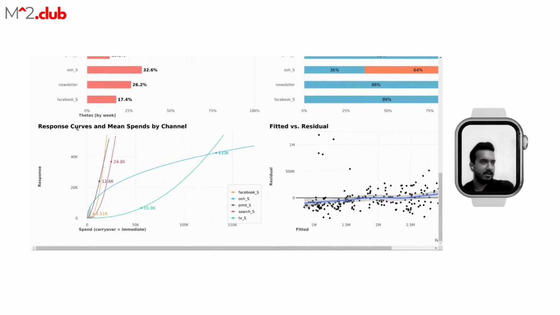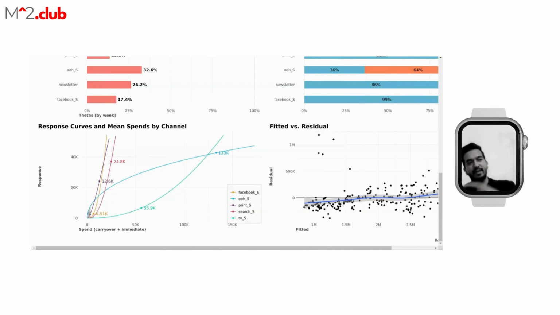And the last one is the response curve. And this is the result from the Hill function you would see here. And these dots are the mean spend for each of these channels. And the shaded area is the carryover spend.